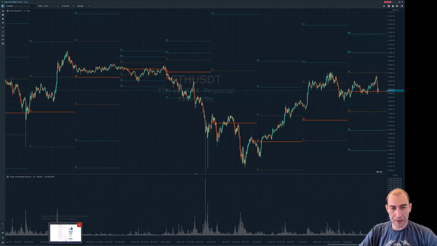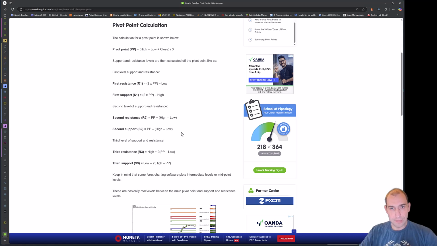For details and formulas, I will add a link in the description, but basically what it does, it takes the previous high, low and close and divides by 3, so we get a pivot point. Then, already having the pivot point, we calculate resistance and support of different levels. So we don't waste too much time, but you can go and check the details.